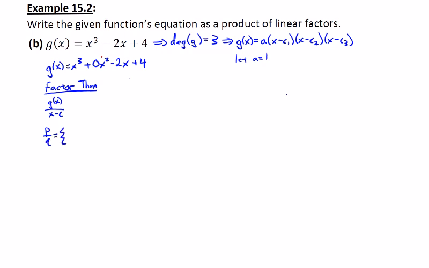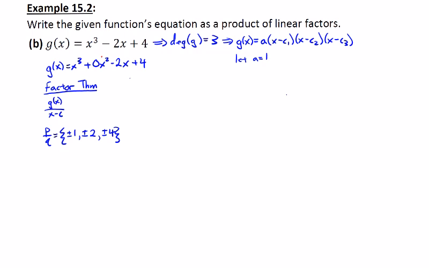Your P over Q list is going to be given as plus or minus 1, plus or minus 2, and plus or minus 4. If you need more practice with that, you can always look at the previous sections 13 and 14. We saw, really more in 14, the rational zero theorem there.